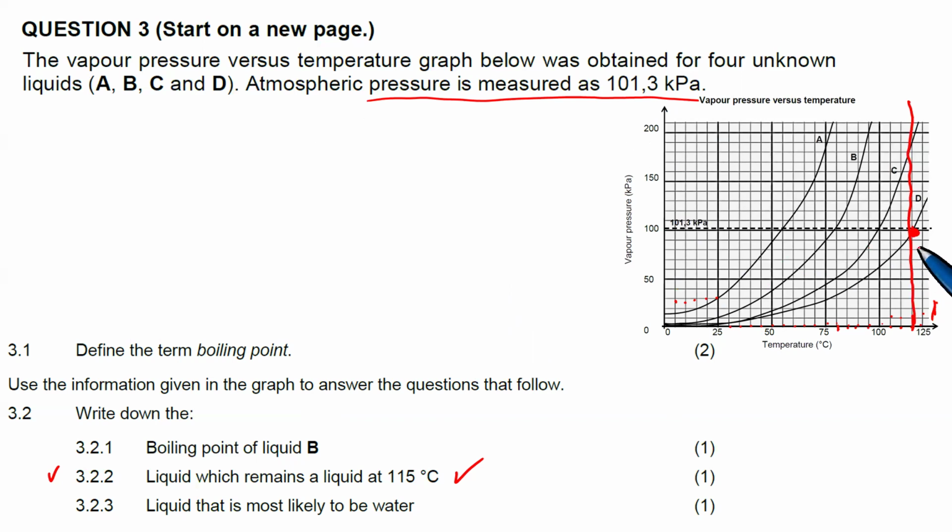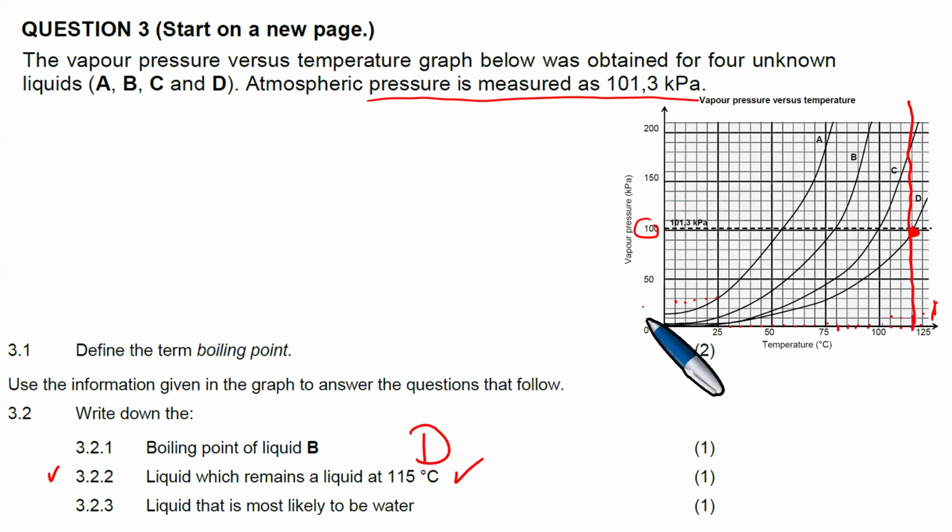At 115, liquid D remains a liquid because this graph intersects the atmospheric pressure graph, which is 101.3. So 101.3 is above 100 because this is 100, and then there's 101, which is a little bit up there.